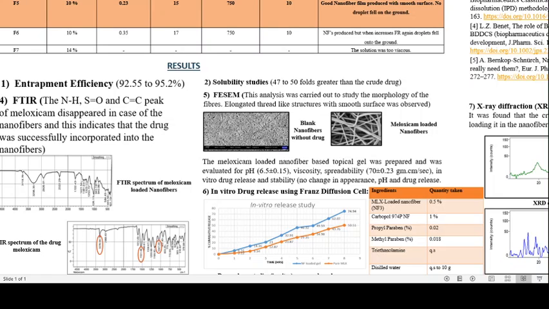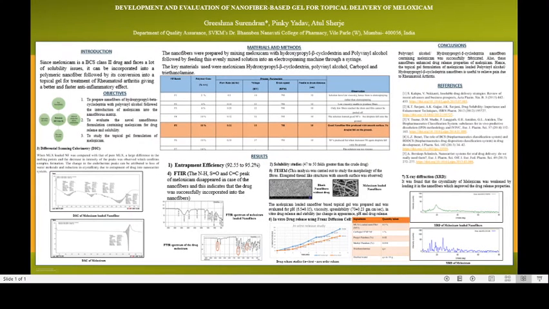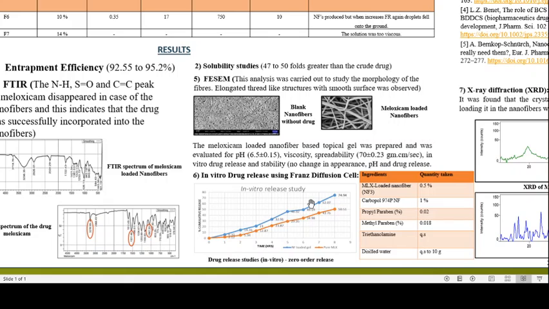It was found to have an optimum viscosity with a spreadability of 70 to 0.23 gram centimeter per second, and it also showed good stability. A 3-month stability testing was done, and it showed no change in the appearance, pH, as well as the drug release.